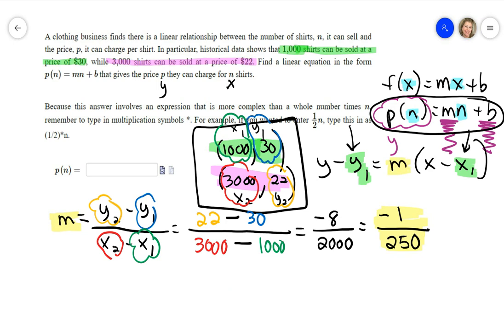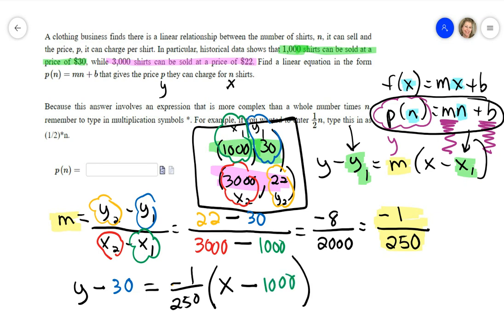Okay, so my equation is going to be y minus y sub 1, which was the 30, and that's going to equal the slope, which is -1 over 250, times x minus x sub 1, which was the 1,000.